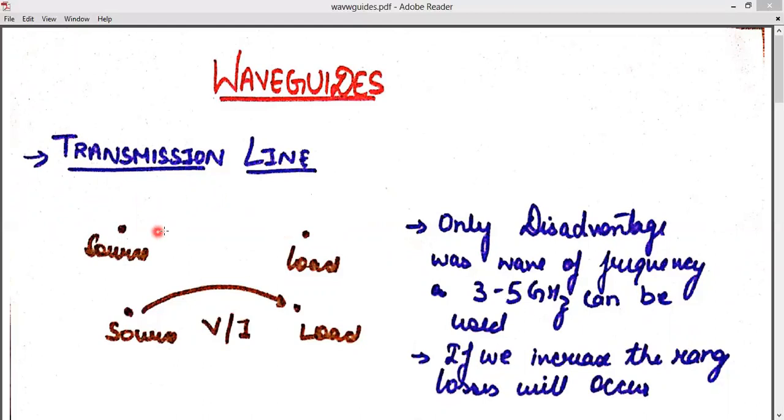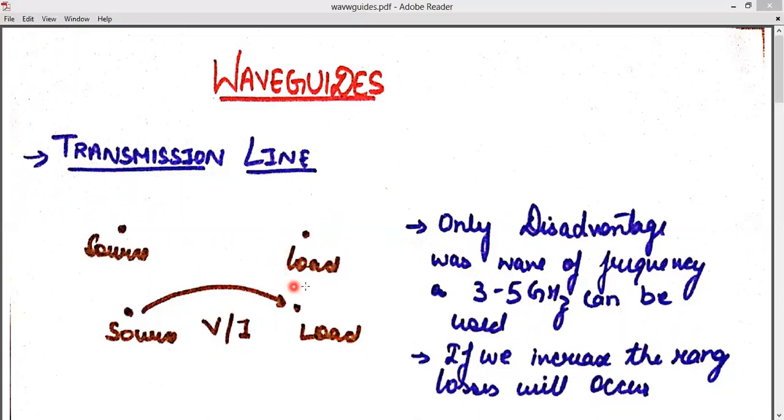Many times the signals lose the important things we want to calculate at the destination point. So we proceed with the advanced version, which is waveguides. The only disadvantage of the transmission line is its frequency range.